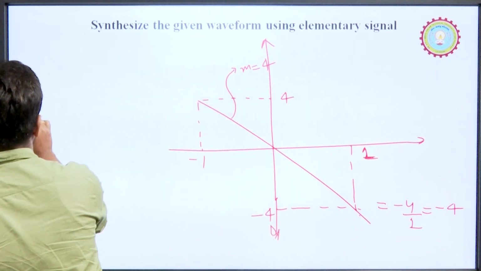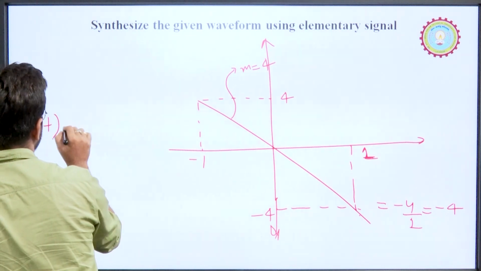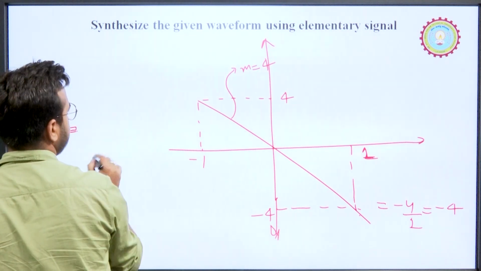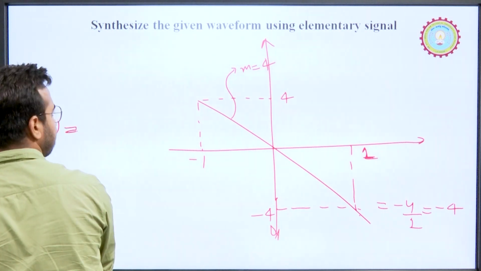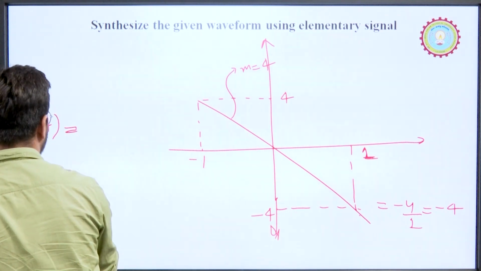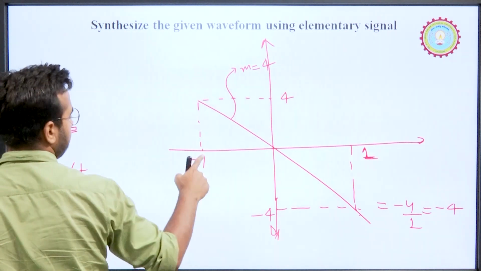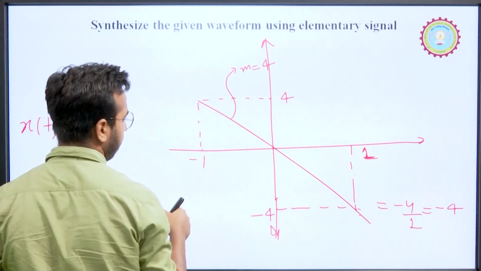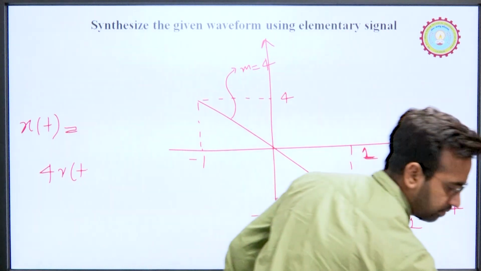So how will we write it? First, we will be required to write this ramp. We will write 4 r(t), and the ramp is from minus 1.